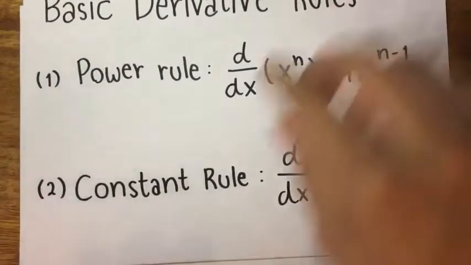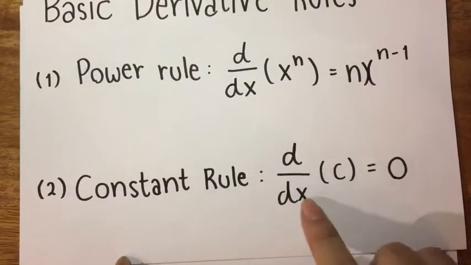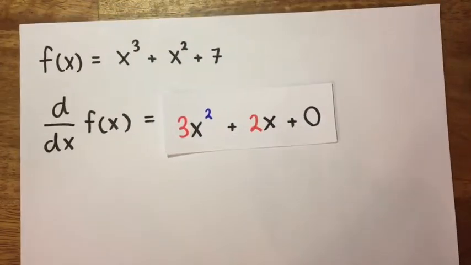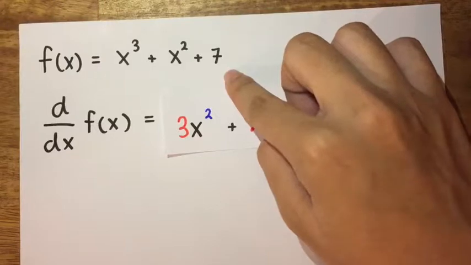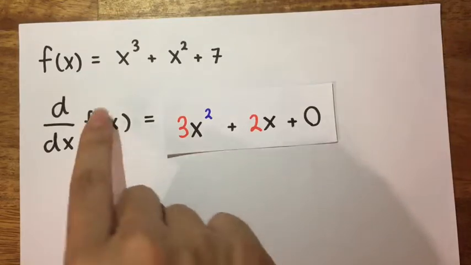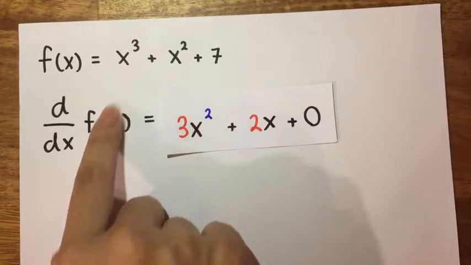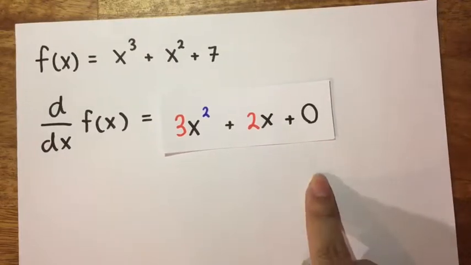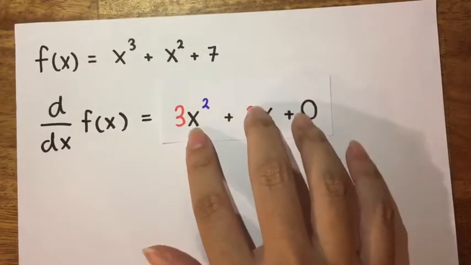So according to the constant rule, deriving a constant will give you 0. So in this case, deriving 7 will also give you 0. If you're going to derive any sum, all of the derivatives of the terms will be added, and this will be your answer.